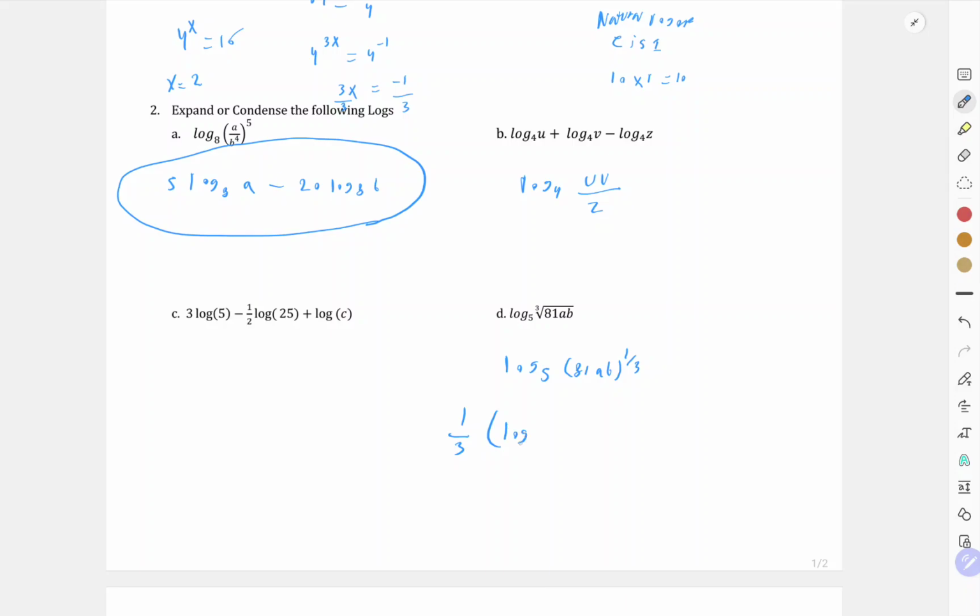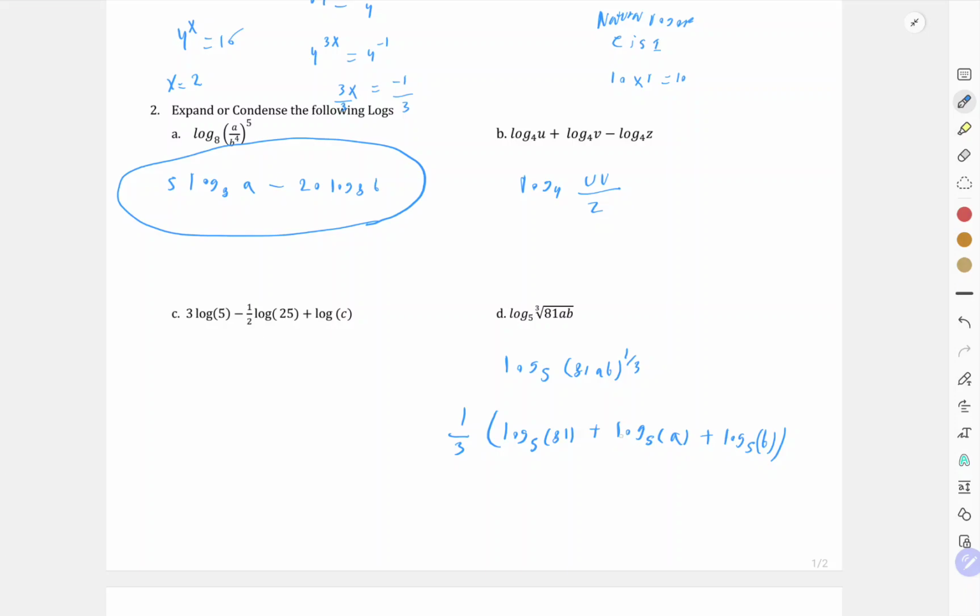So log 5 81 plus log 5a plus log 5b. And essentially, you look at it and you're like, what am I going to do? What am I going to do?